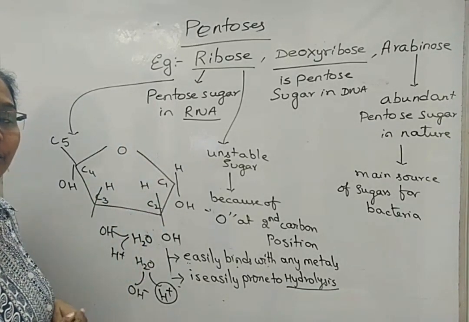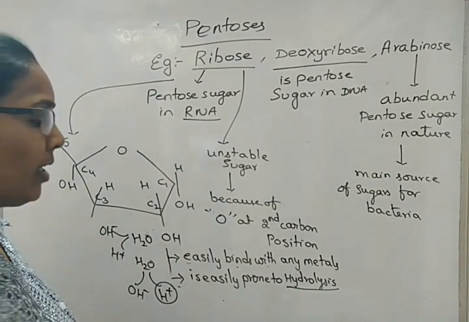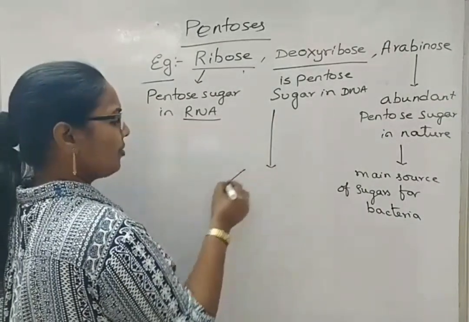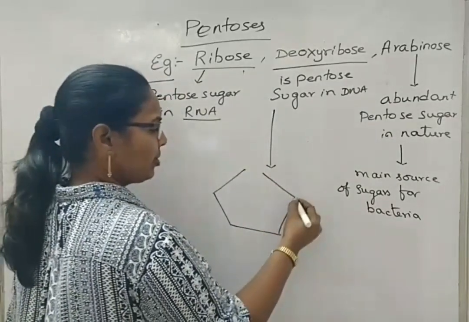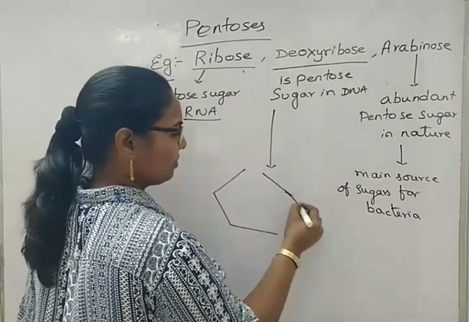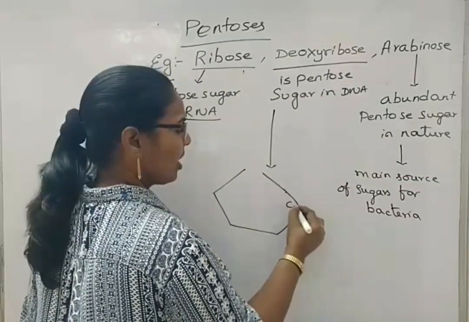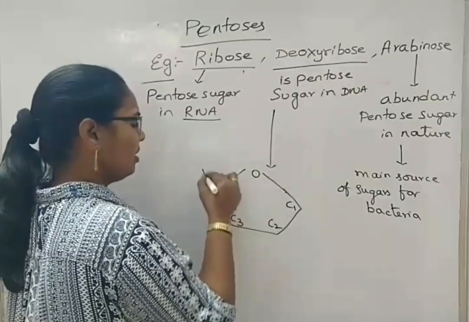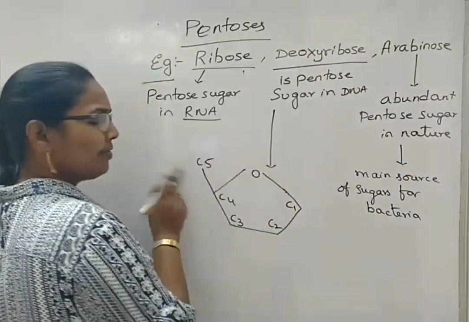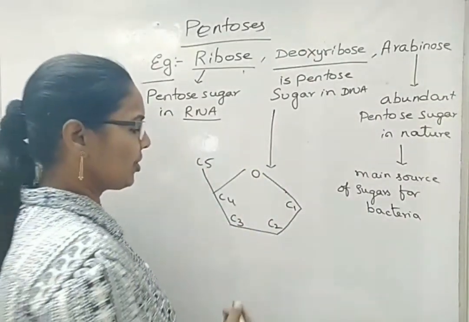Now, what is the structure of deoxyribose sugar? The structure of deoxyribose pentose sugar is like this. So, carbon 1, carbon 2, carbon 3, carbon 4 and carbon 5. Carbon 5 is considered as the branch.